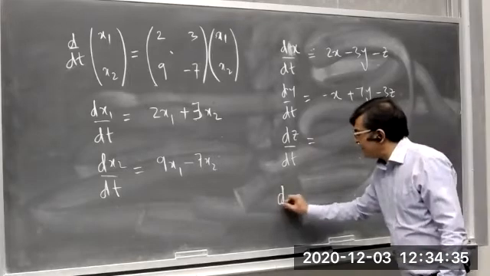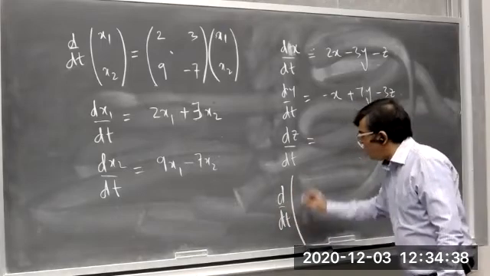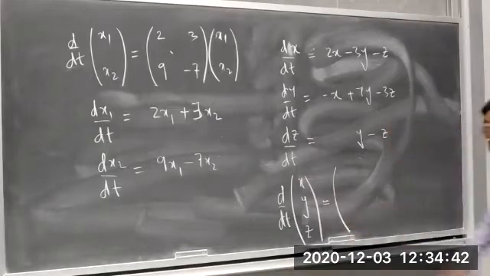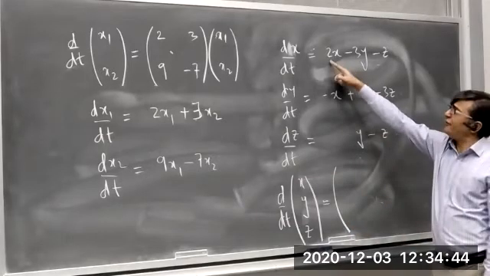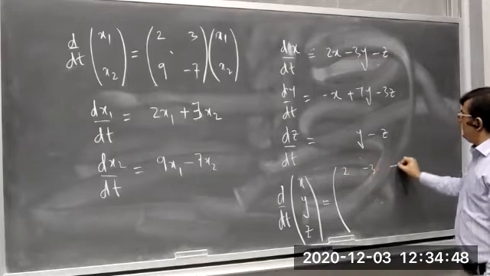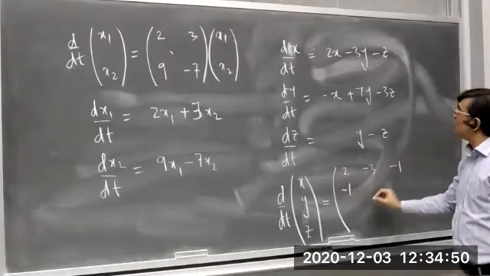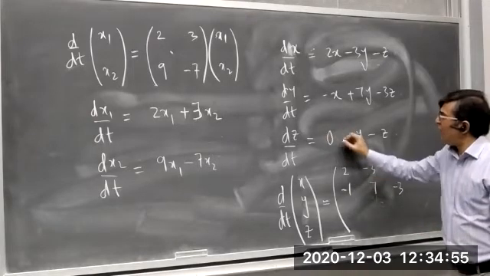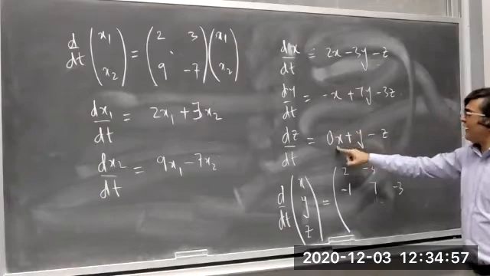So this system can be written as d/dt of (x, y, z) is equal to, in matrix form, the coefficients of x, y, and z: 2, minus 3, minus 1, minus 1, 7, minus 3. Here we don't have a coefficient of x, so we write 0.